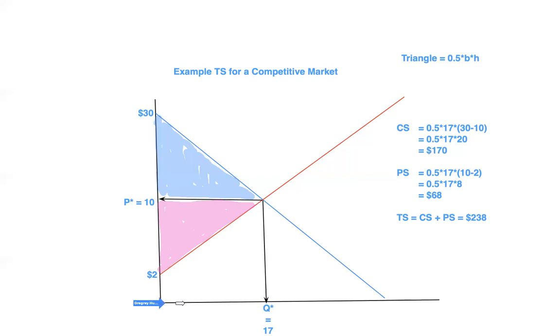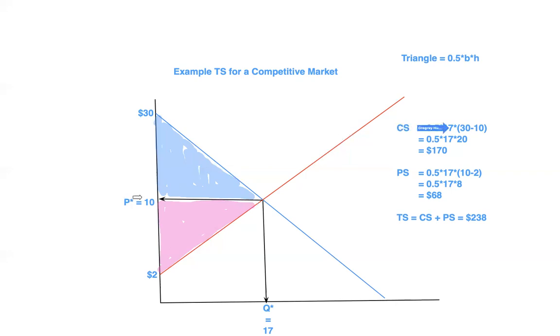This segment of the horizontal axis has a length of 17. It's the exact same distance as the distance from the equilibrium point to the vertical axis. Those are parallel lines with the same length. So the base is going to be 17. So I have 1/2 times 17.